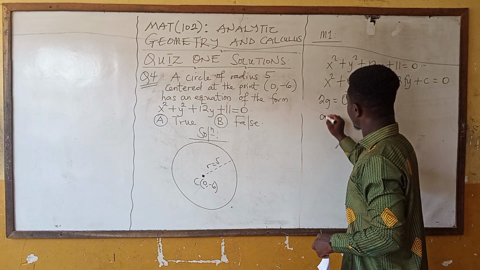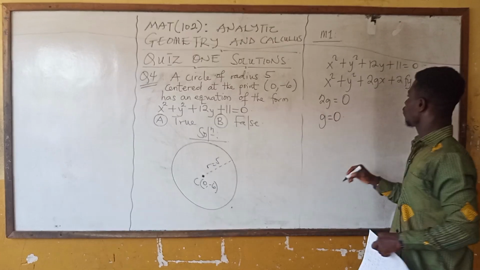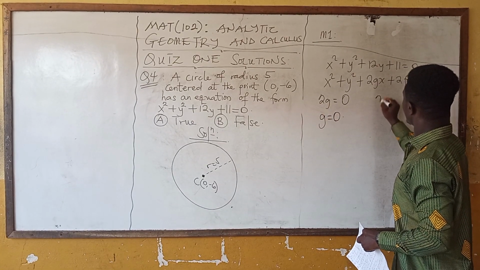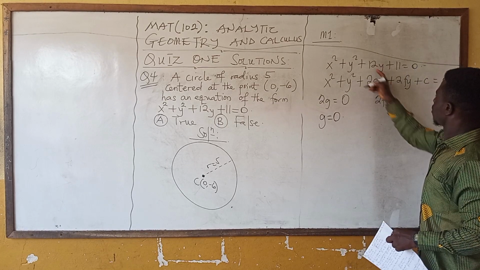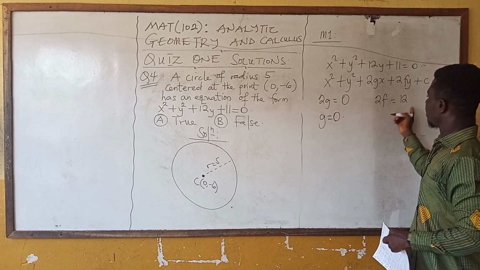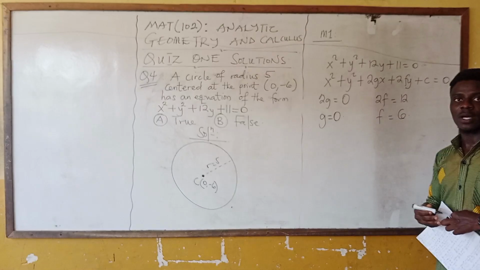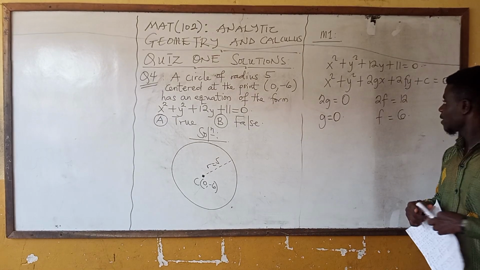So now I can see that my g equals 0. Then I have 2f being equal to 12. When I divide both sides by 2, I obtain 6 as my value for f.